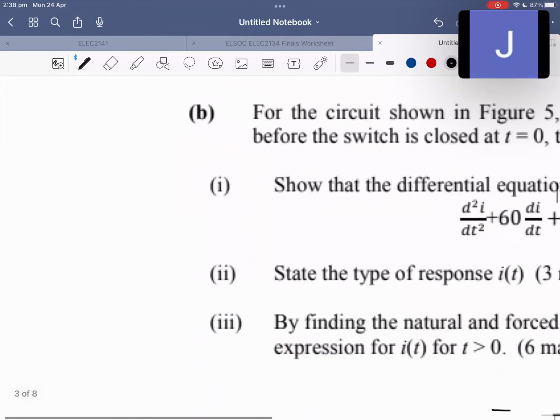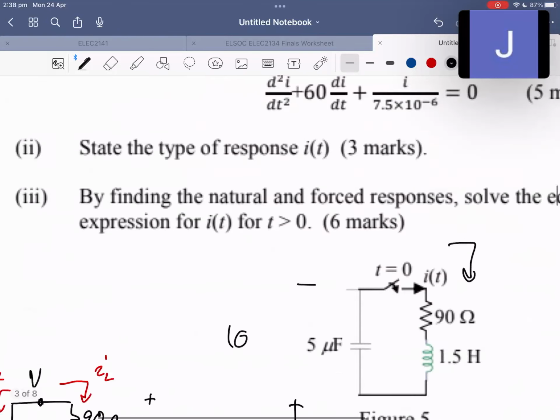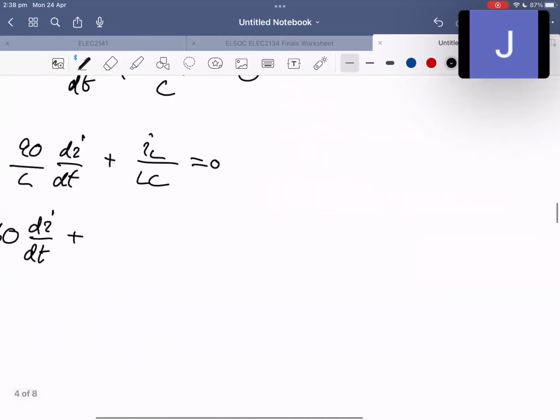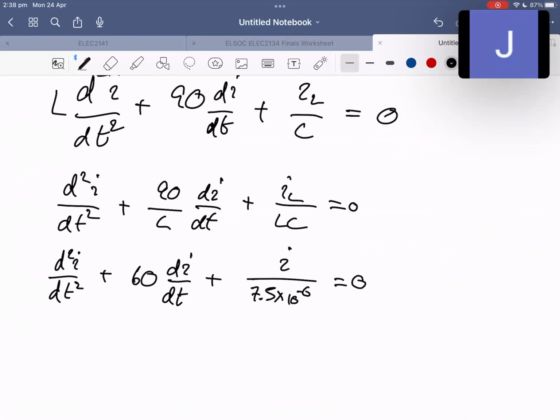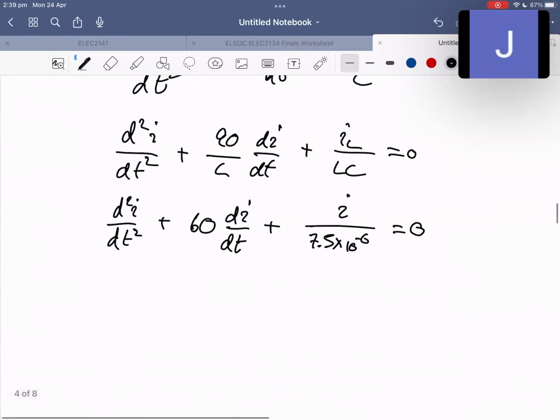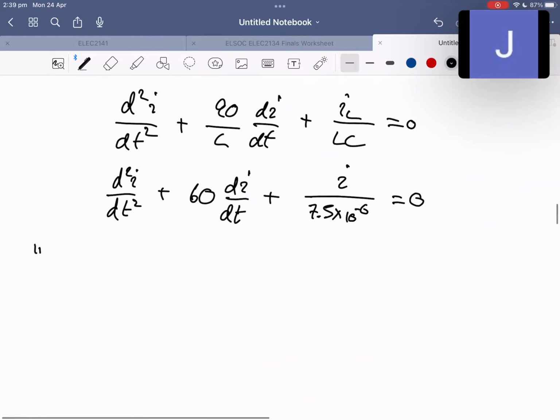I get 7.5 times 10 to the minus 6. Cool, which is what the question wanted.